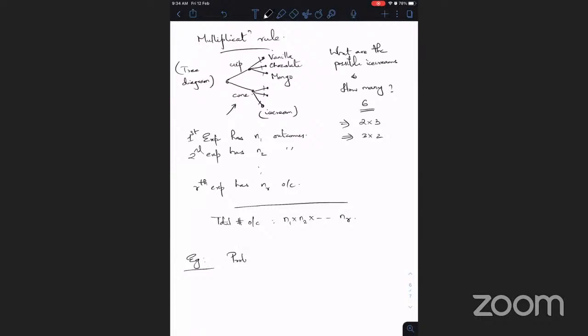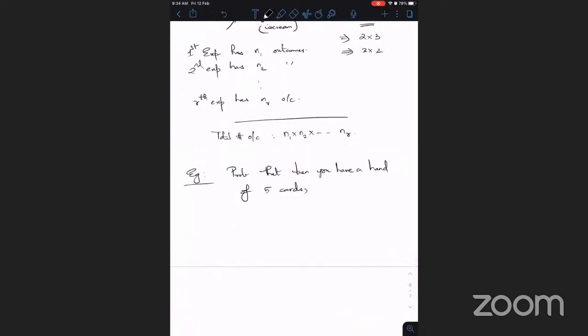The question is to find out the probability that when you have a hand of 5 cards, randomly given 5 cards, what is the probability that you have 3 cards of the same number and 2 cards of the same number but different?